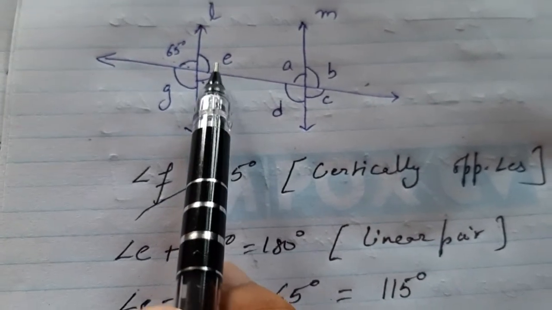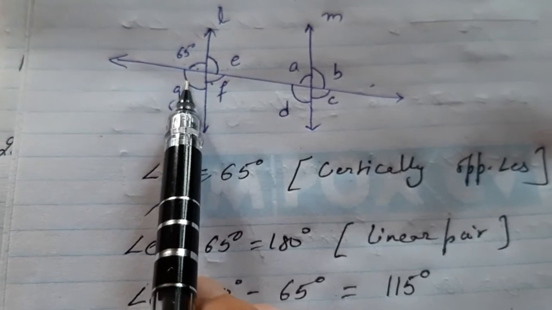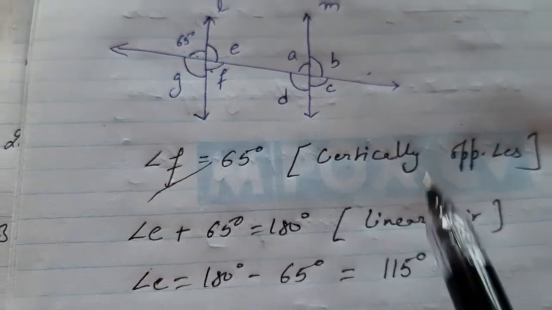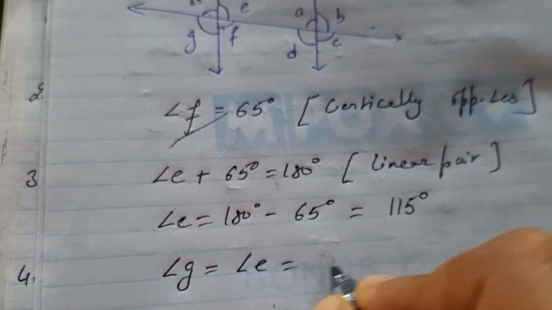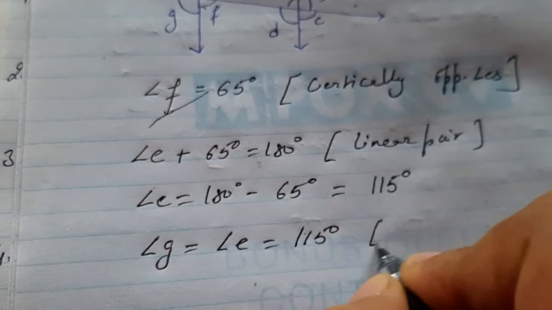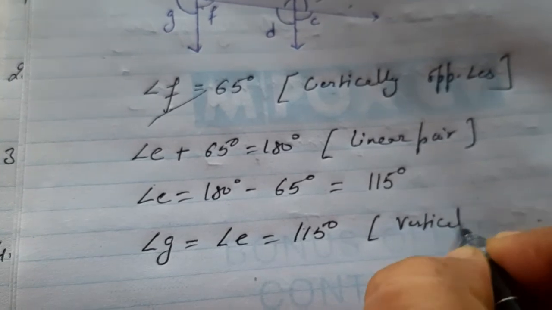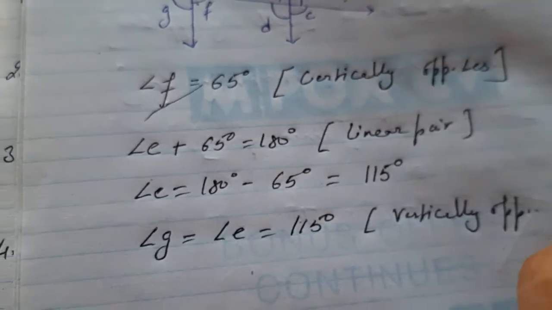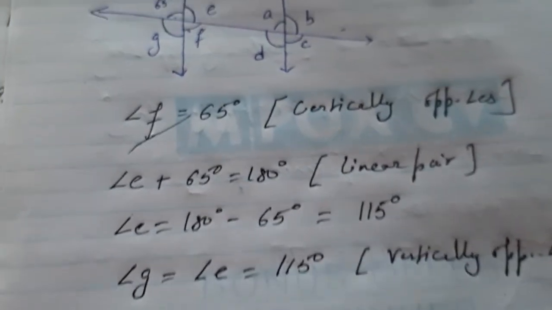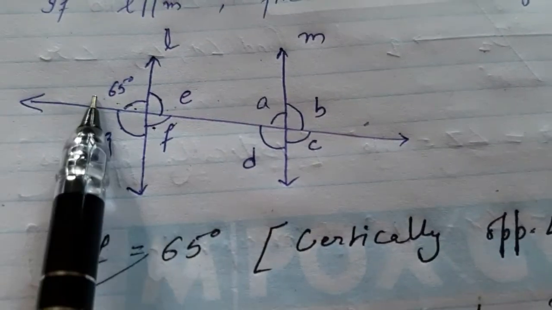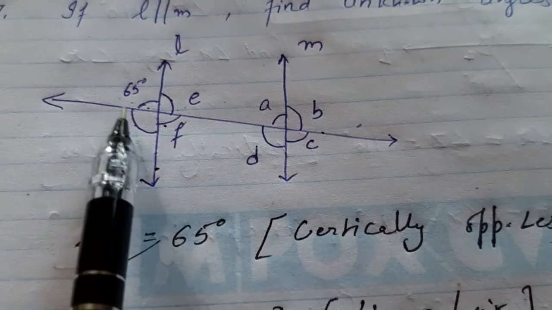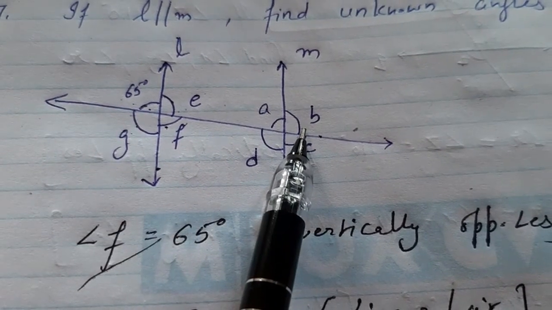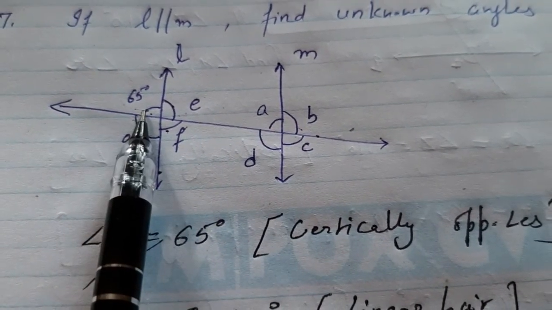Now if angle E is known, then G will be known also, because both of these are vertically opposite. So angle G is equal to angle E, which is equal to 115 degrees, vertically opposite angles. Now all of these four angles are known. Both of these lines are parallel, so all these angles will be corresponding to these angles.